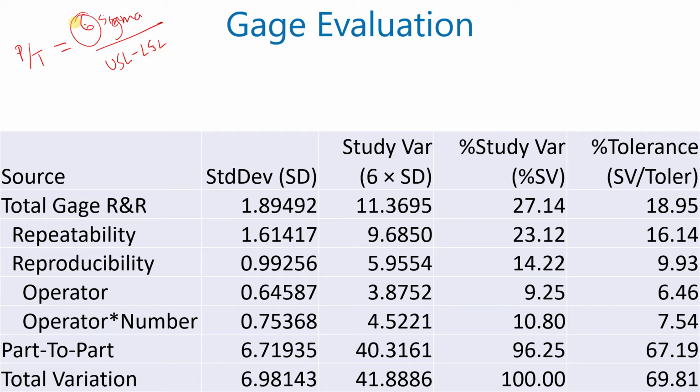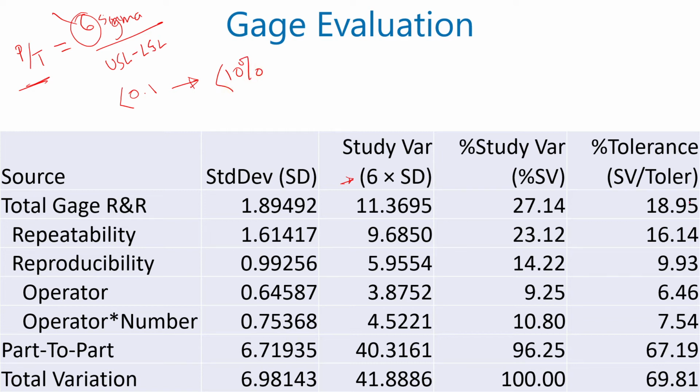Sometimes this 6 can be changed to something else depending on the amount of precision we need. In this case, Minitab uses a default of 6, but you can change it if you want. This gauge capability, precision to tolerance ratio, is recommended to be less than 0.1. Here everything is calculated in percentage, so it should be less than 10%.